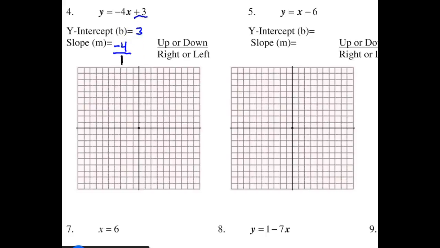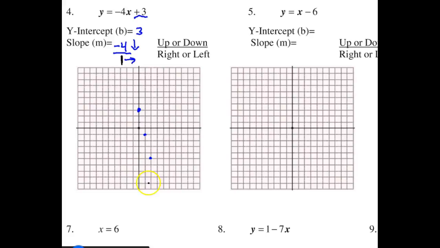So we're going to go down 4 and right 1. So start at positive 3. 1, 2, 3. Down 4, right 1. 1, 2, 3, 4, right 1.